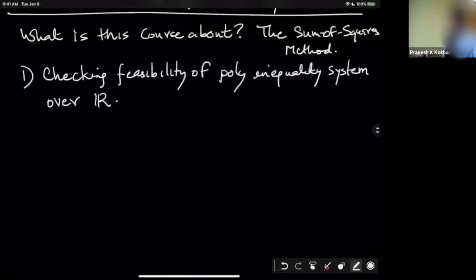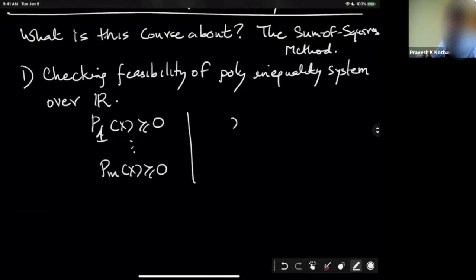You can look at it like this: you have P1(x) bigger than or equal to 0, and so on up to Pm(x) bigger than or equal to 0. And here x is an n-variate indeterminate. It's just a vector that is supposed to take real number values.